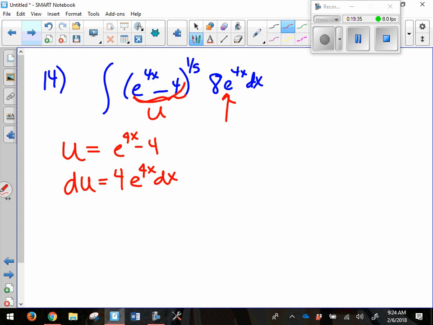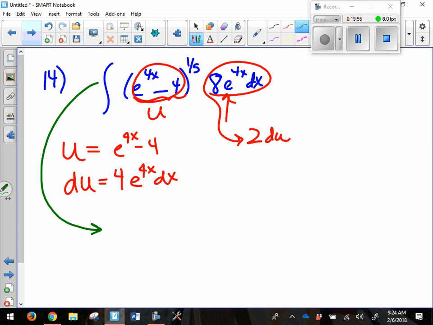So this part here is my u. What's this part? 2 du. Very good. Yes. So we can rewrite this, and I do have this extra factor of 2 that I can bring out front. So I've got u to the what? 1/5 times du.